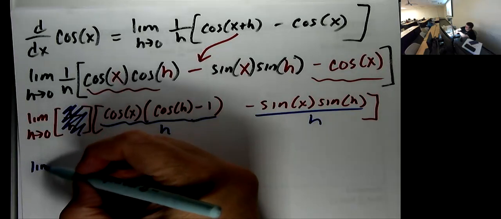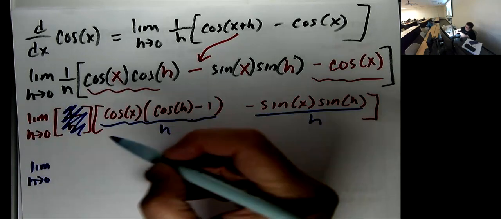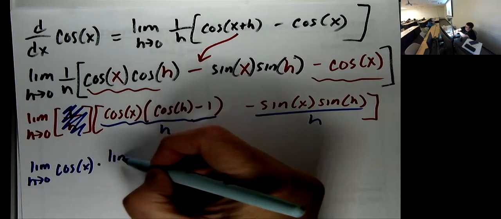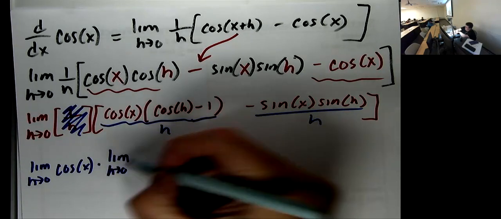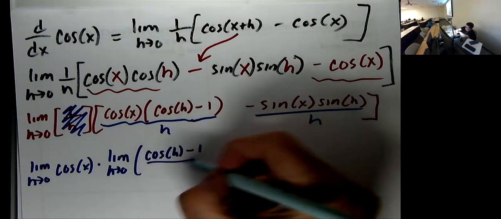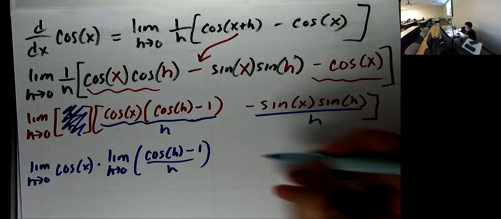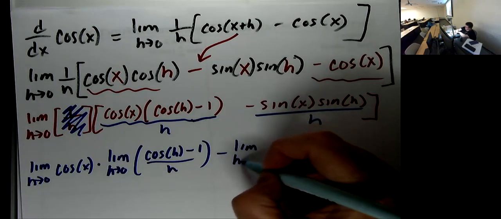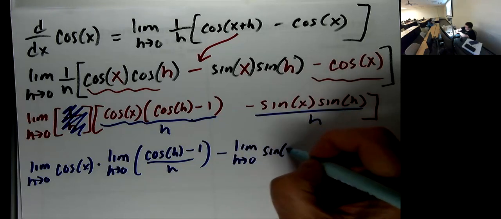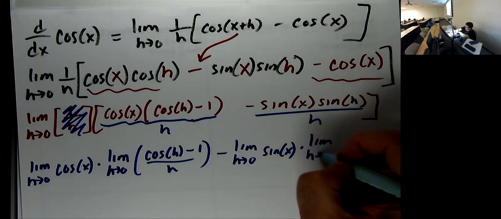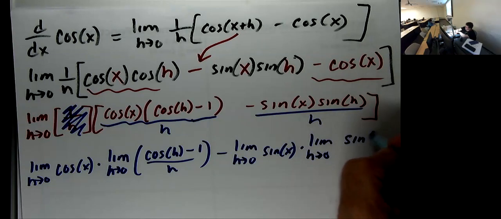So we have the limit as h goes to 0 of cosine x times the limit as h goes to 0 of cosine h minus 1 over h. And then we've got a minus the limit as h goes to 0 of sine x times the limit as h goes to 0 of sine h over h.